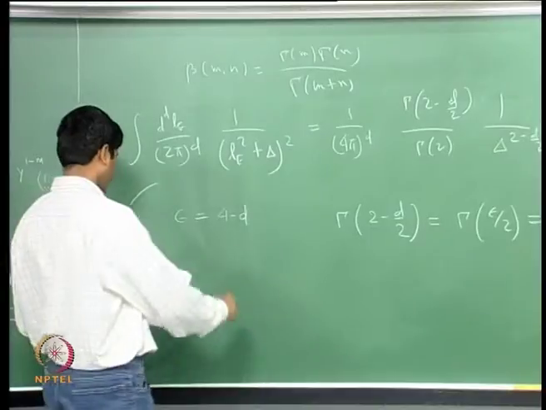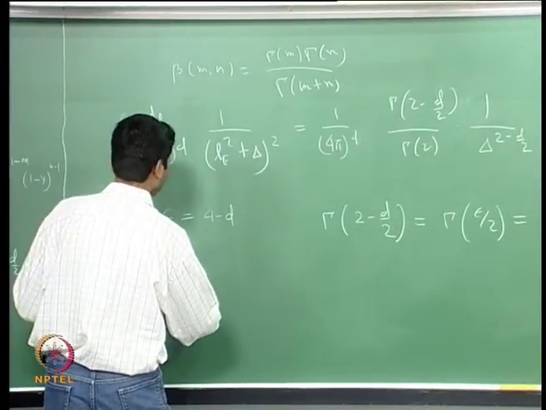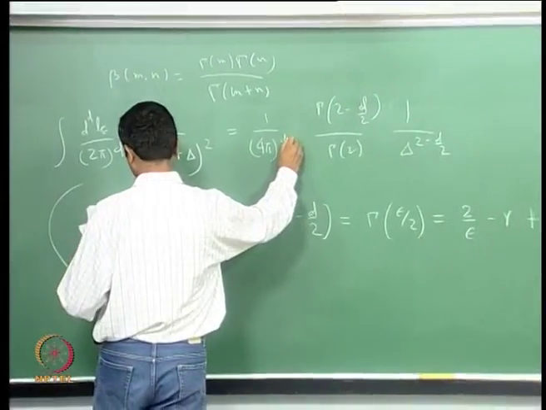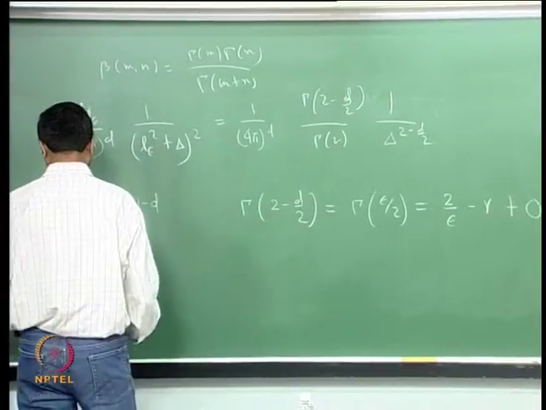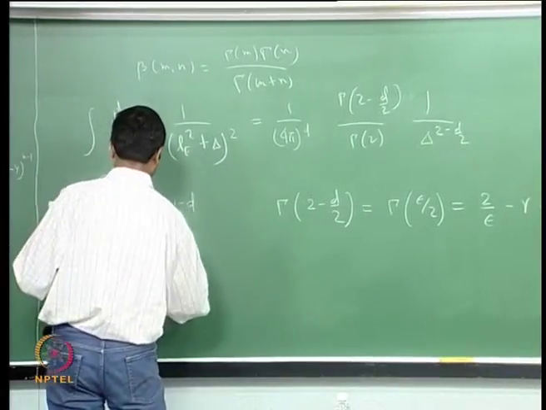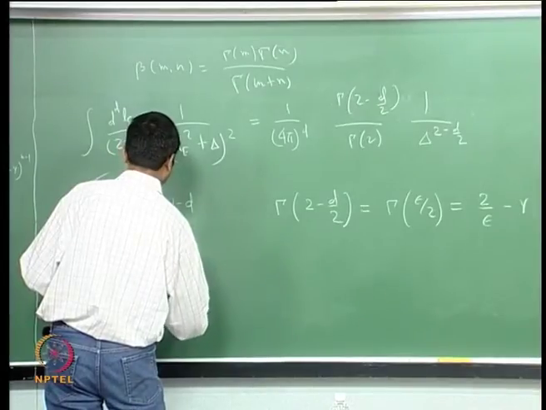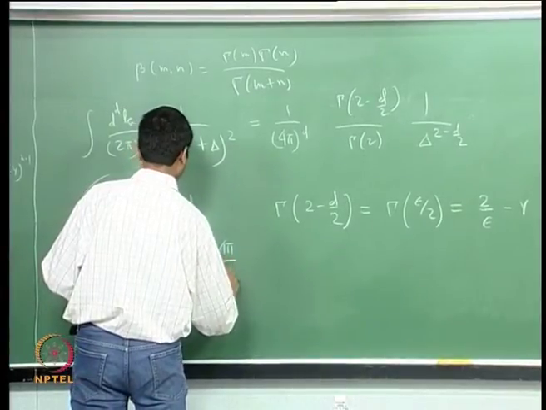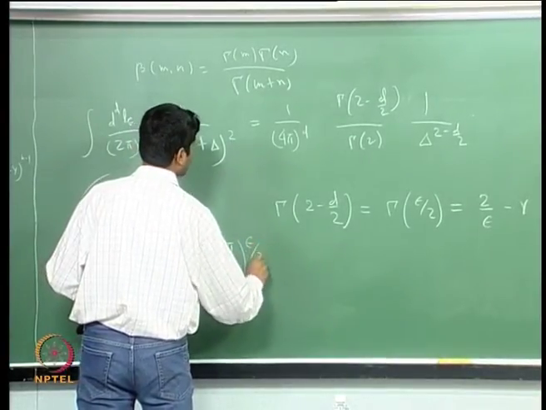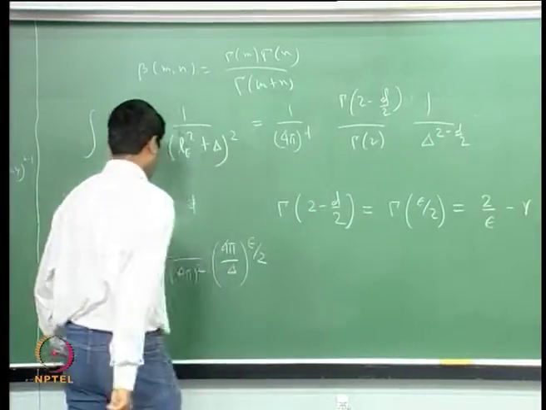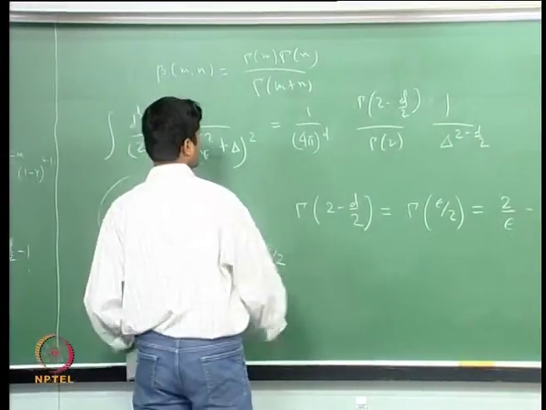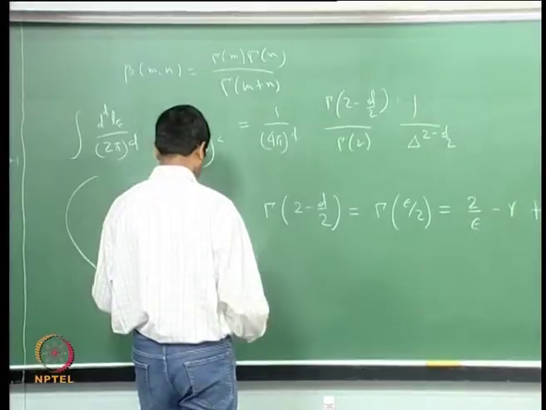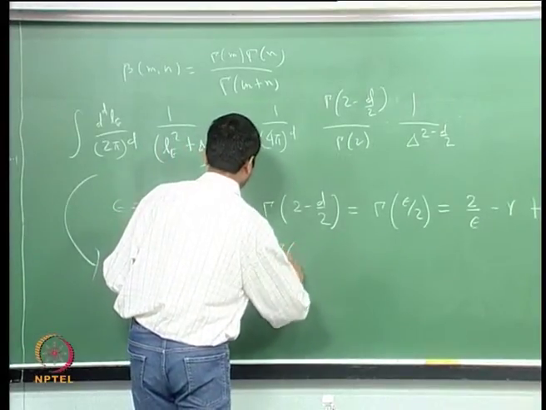This basically becomes gamma 2 is 1, and I will write here 1 over 4 pi square times (4 pi divided by delta) to the power epsilon by 2 to combine this term and this term, and finally, this one here will give me gamma of epsilon by 2.